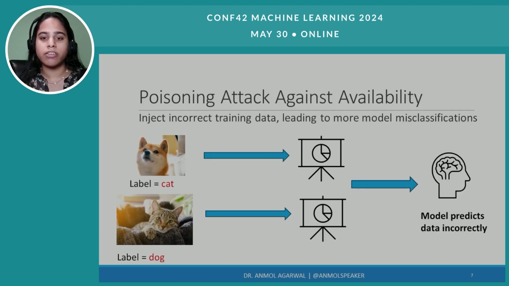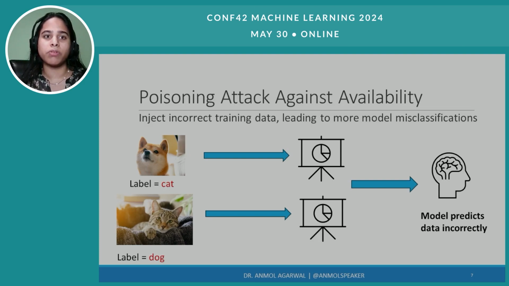The first kind of poisoning attack is an attack against availability. Availability basically means that our system is accessible to the end users. An example of an attack could be a denial of service attack. For example, you try to log into a social media site and you can't because the site is down. So this poisoning attack can be used to attack availability of a system.